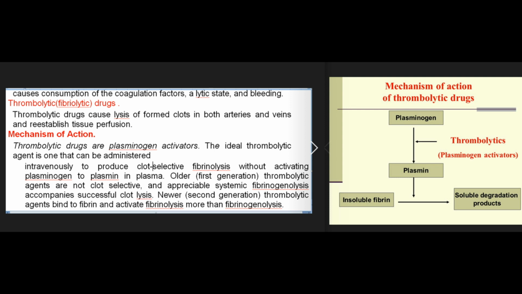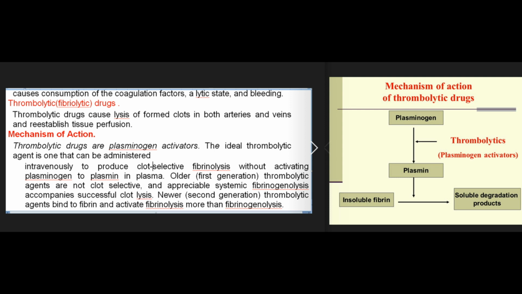Thrombolytic, fibrinolytic drugs. Thrombolytic drugs cause lysis of formed clots in both arteries and veins and re-establish tissue perfusion. Mechanism of action. Thrombolytic drugs are plasminogen activators. The ideal thrombolytic agent is one that can be administered intravenously to produce clot-selective fibrinolysis without activating plasminogen to plasmin in plasma.